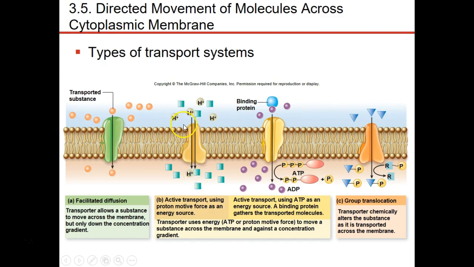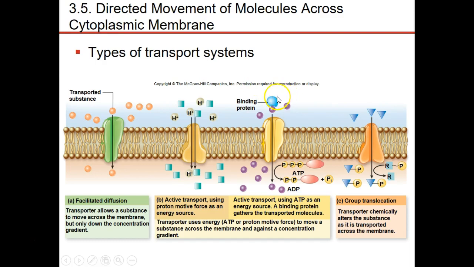They're using the energy of ions moving down their concentration gradient, so from higher to lower. So the hydrogen ions are moving via facilitative diffusion, while these boxes are moving against the concentration gradient. That's how we transport glucose into cells a lot of times. Same with bacteria.